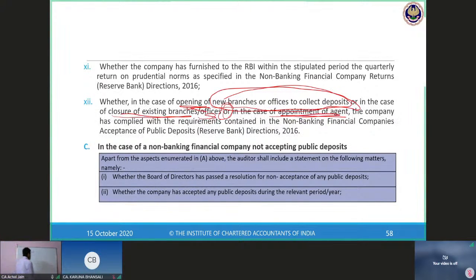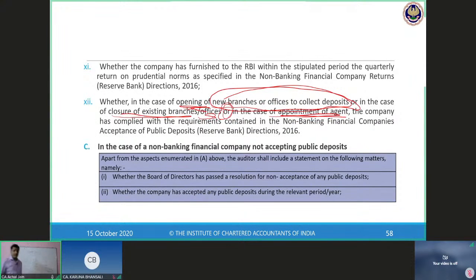Now coming to C. NBFCs which are not accepting public deposits.